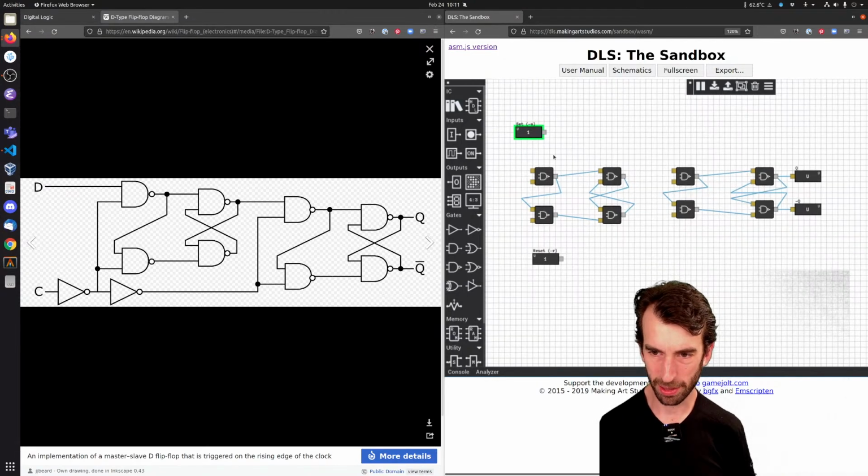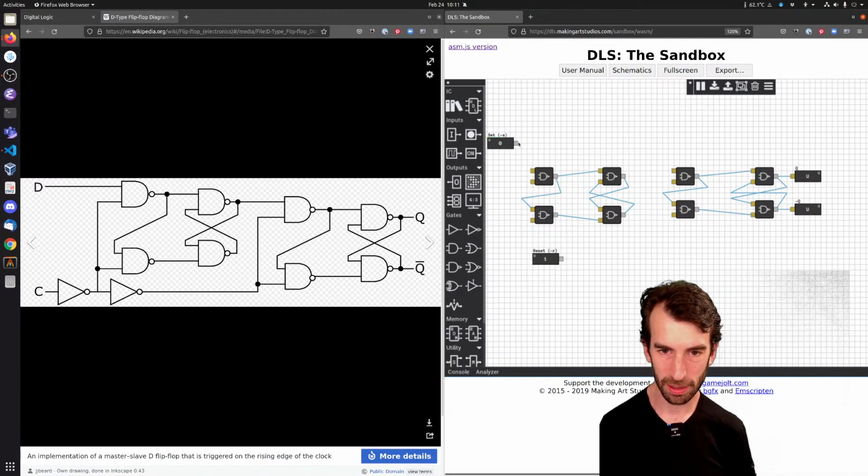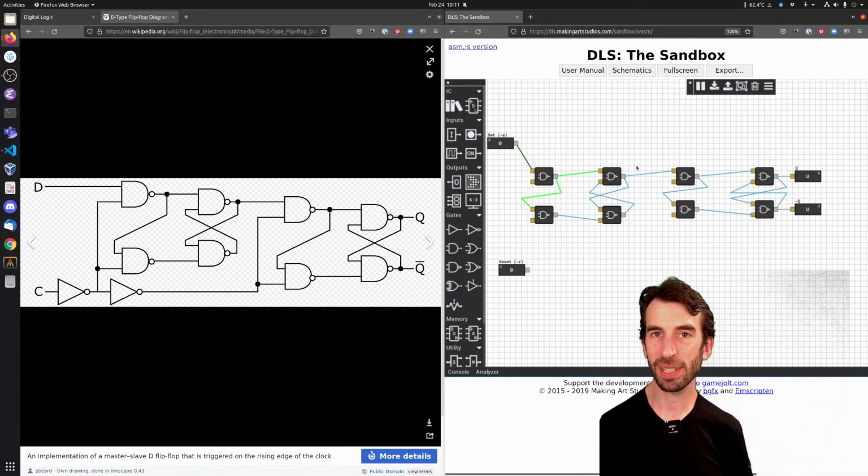Whoop, I'll zoom out a little bit. That one connects to there. So that's the Q output. We're just taking one output from this gated D latch.